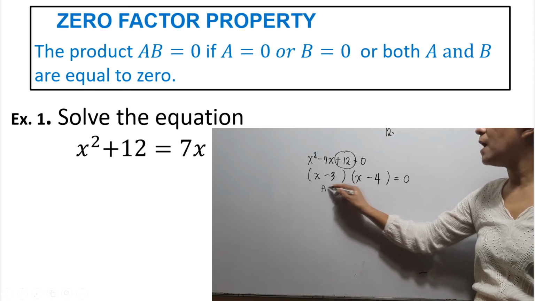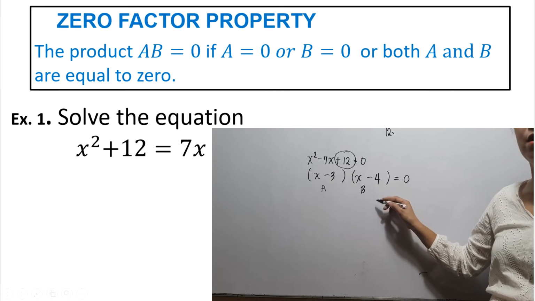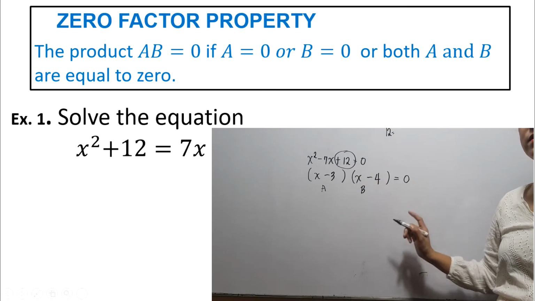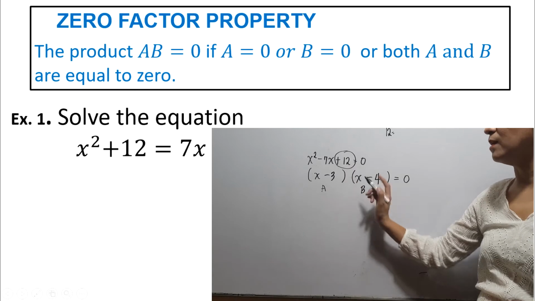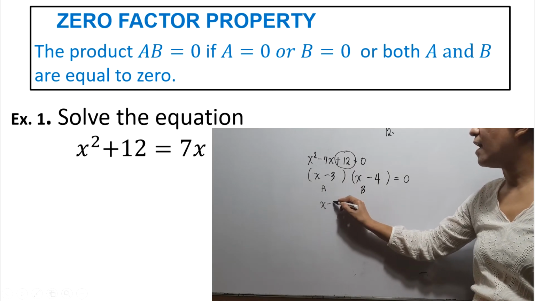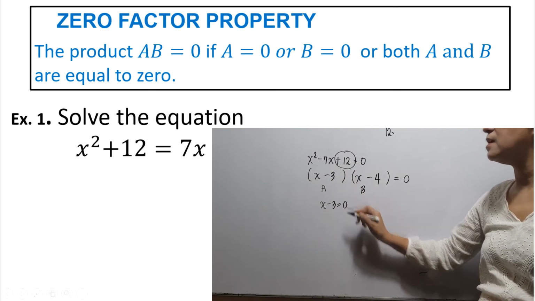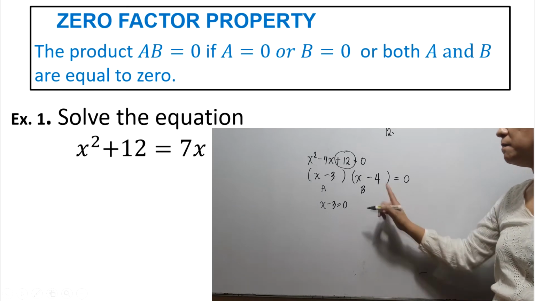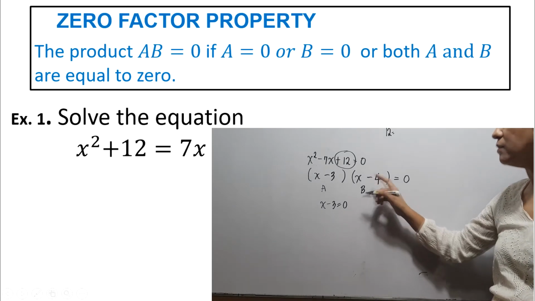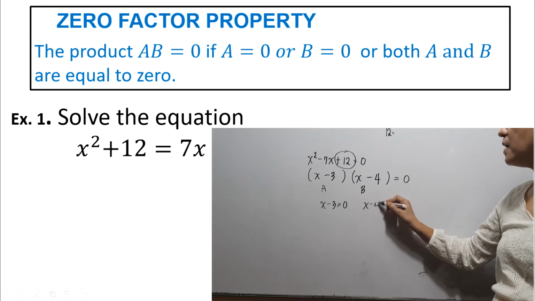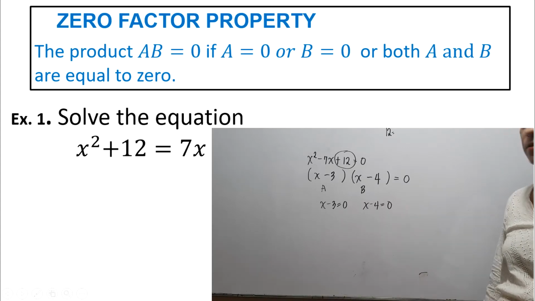So ito yung pumapatak na A at B mo, no? So the product is equal to 0 if A equals 0. So we have x minus 3 equals 0. Or B equals 0. So we have x minus 4 equals 0.